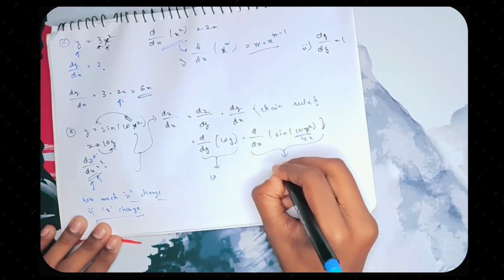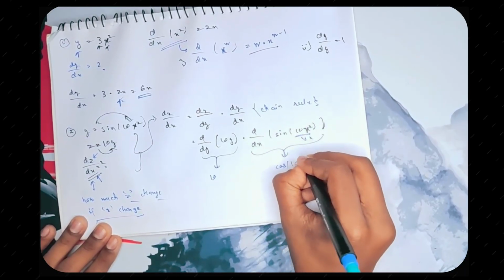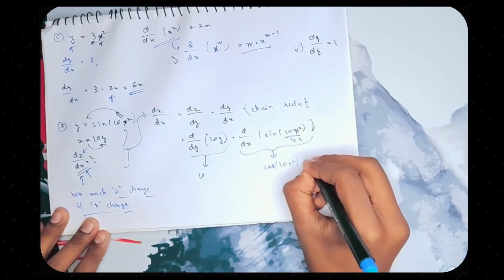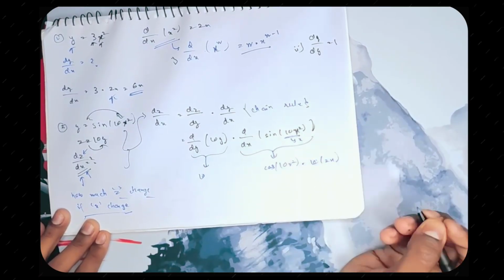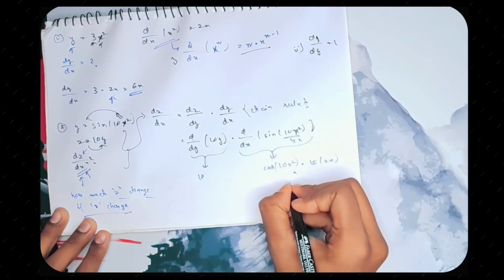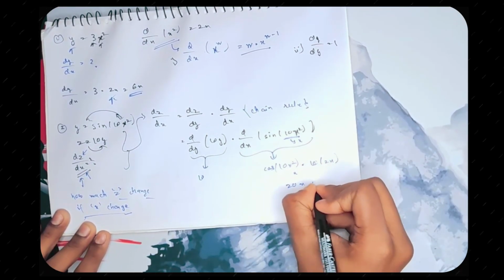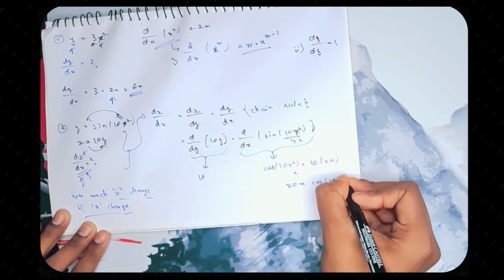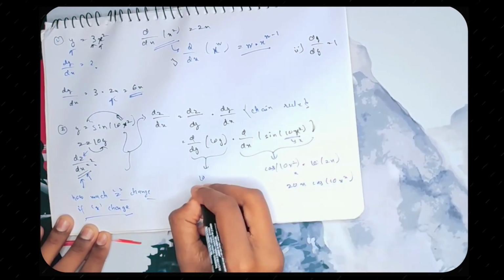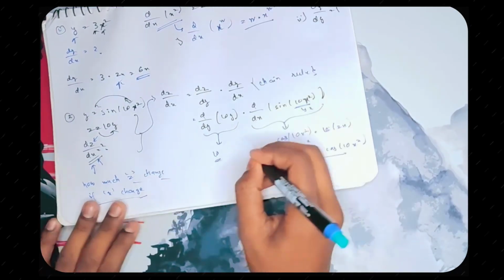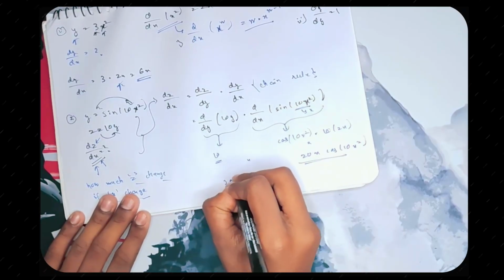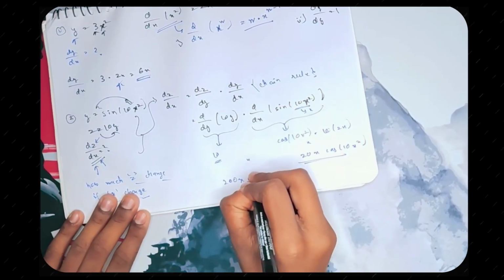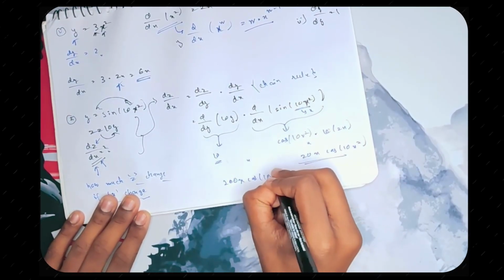So the derivative of sine of x will be cos of 10x square. Then applying chain rule, we get this. So it will be nothing but 20x cos of 10x square. And combining this and this, we get the final output as 200x cos of 10x square.